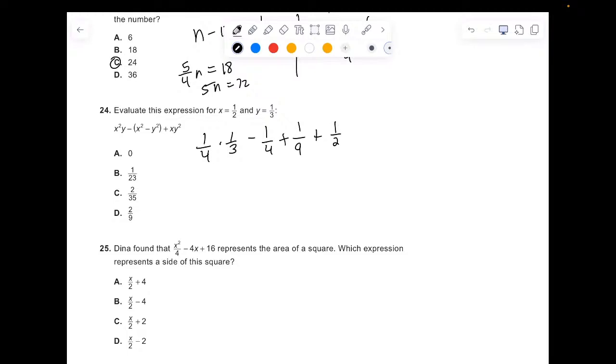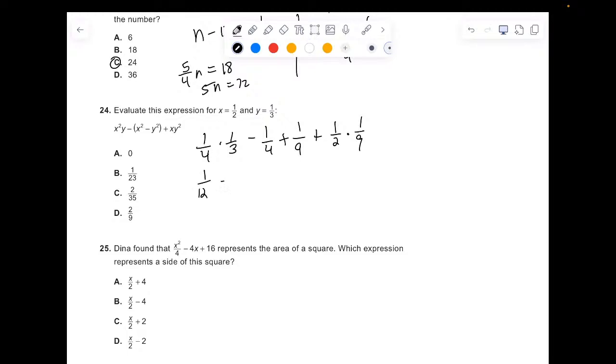It's a plus. Plus 1/2 times 1/9. Let me double check that that is the right one. 1/4 times 1/3. Yep. Minus 1/4 plus 1/9 plus 1/2 times 1/9. Yep.